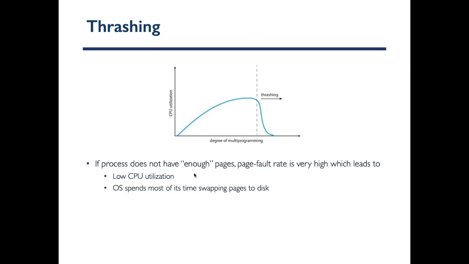If you just run one process in your system, your processor is not going to be that much utilized because your application is going to run for a bit, then it's going to go do I/O. When it's doing I/O, your CPU is idle. And then it comes back.